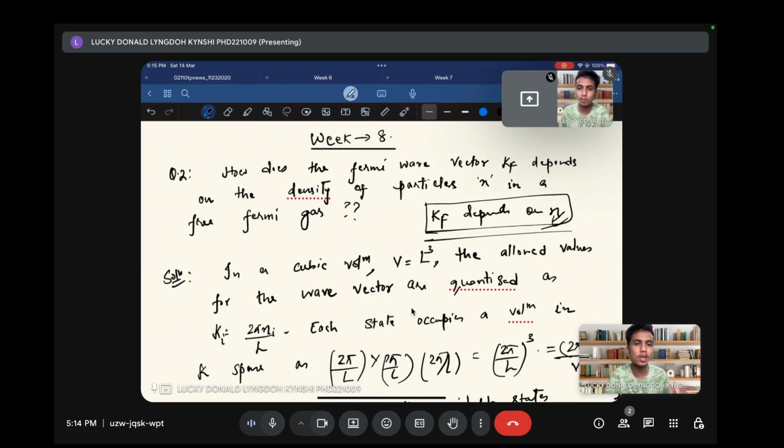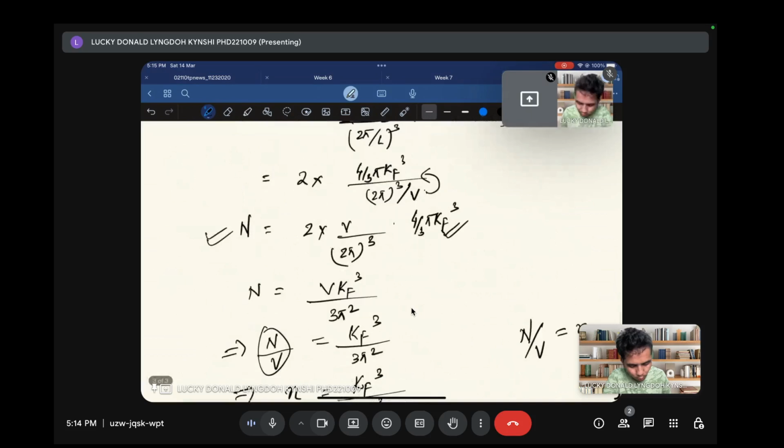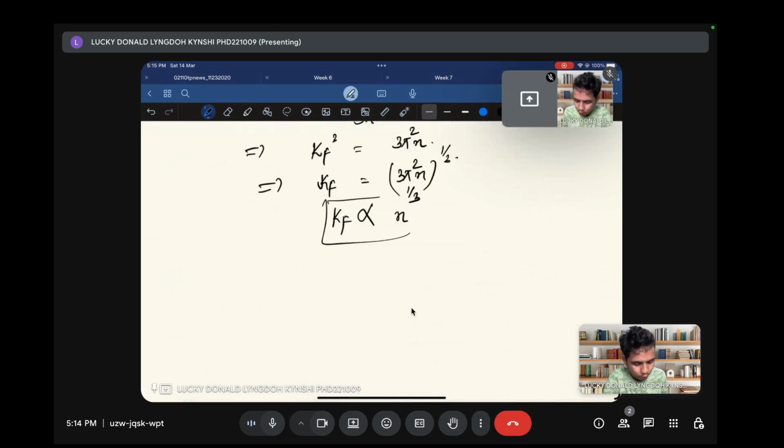So your Fermi wave vector kf is actually proportional to n to the power 1 divided by 3.